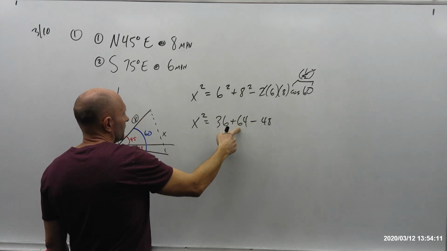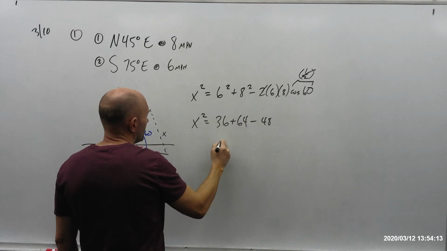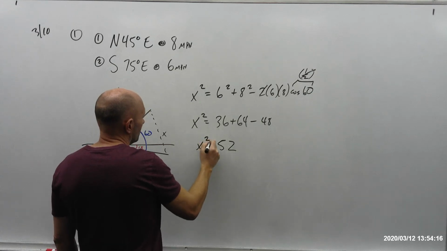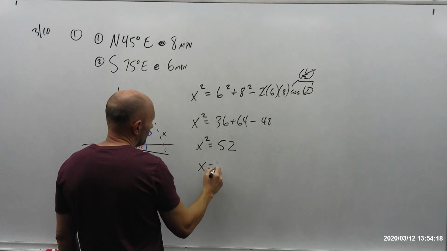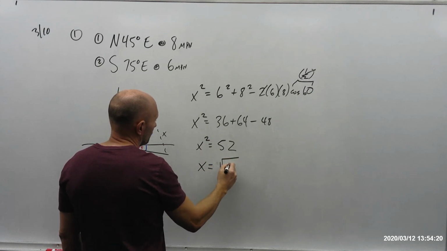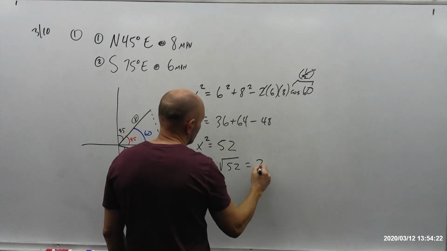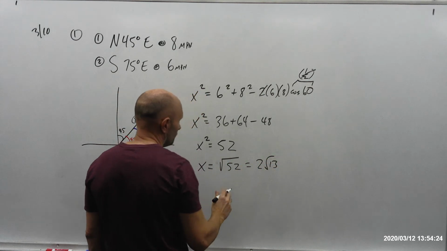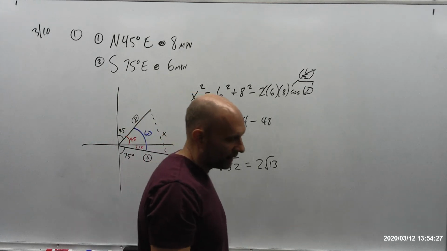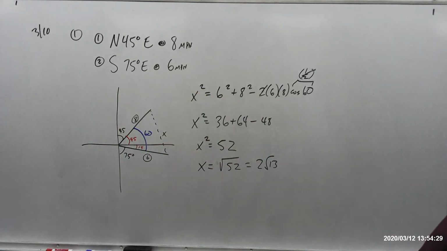So 36 plus 64 is 100, minus 48 is 52. So x squared is 52, so x is equal to square root of 52, and if you simplify it to 2 root 13, that's fine. I don't necessarily expect you to do that.